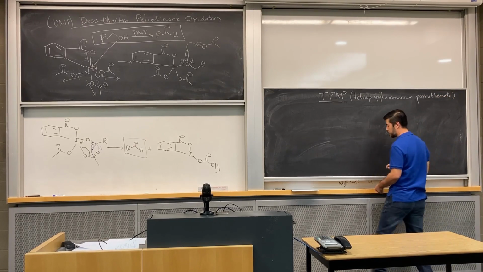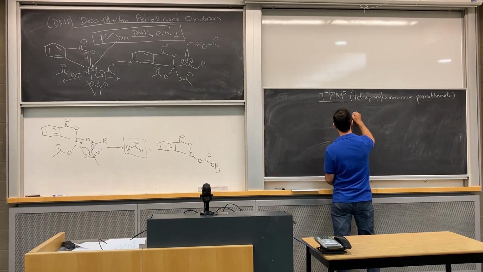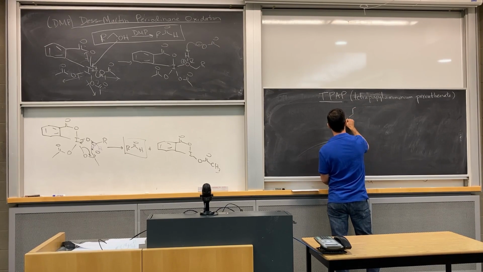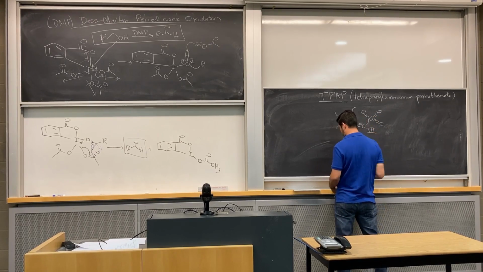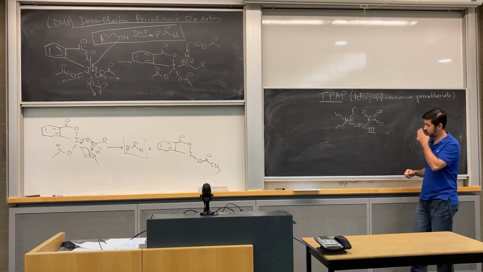The structure is a positively charged nitrogen complexed to a negatively charged ruthenium compound, which is in the +7 oxidation state.